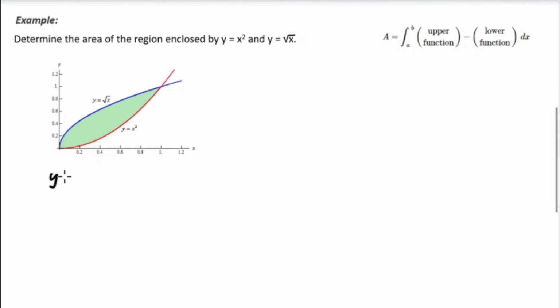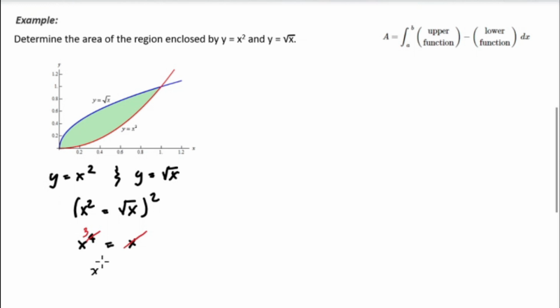So we have y equals x squared and y equals square root of x. x squared is equal to square root of x, and then we square both sides, and this will be x to the fourth equal to x, and we cancel out, and this is equivalent to x cubed equals 1, or x is the cube root of 1, and the value for x is equal to 1. So we have the first value for x.